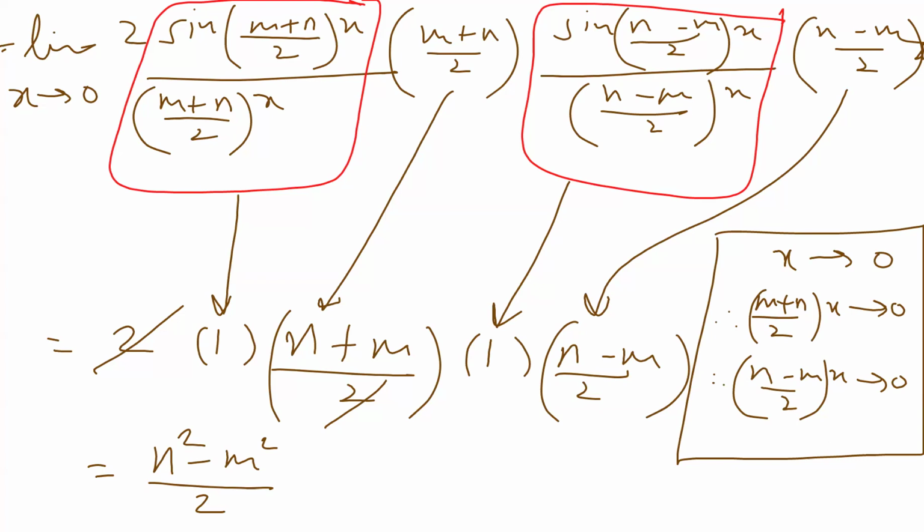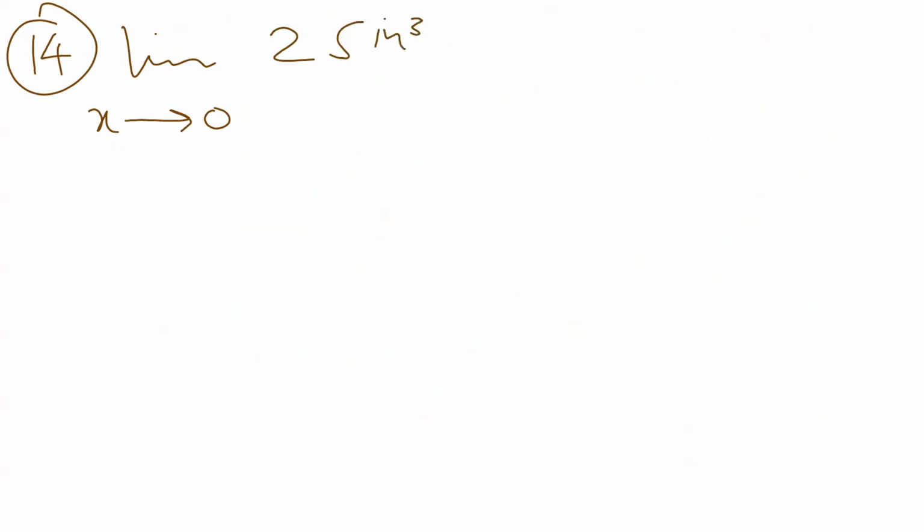Let's go to question number 14. Limit x approaches 0 to sine square 3x upon x square. Now you know the basics.